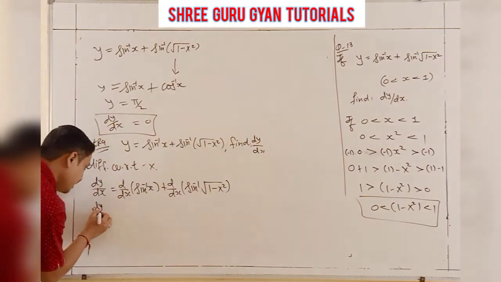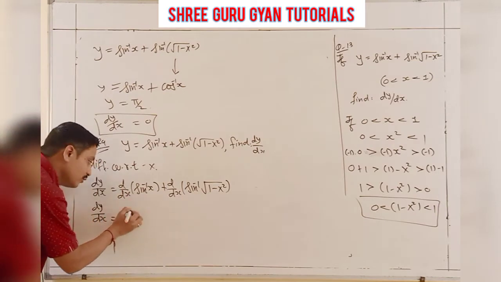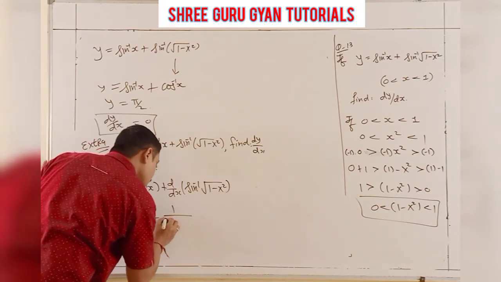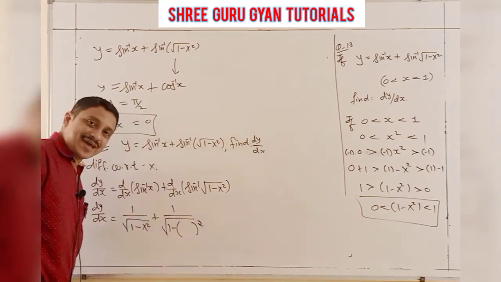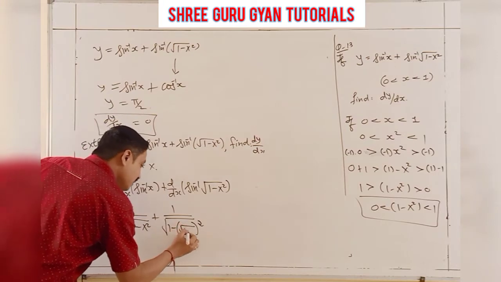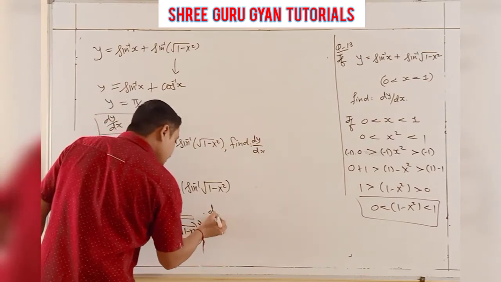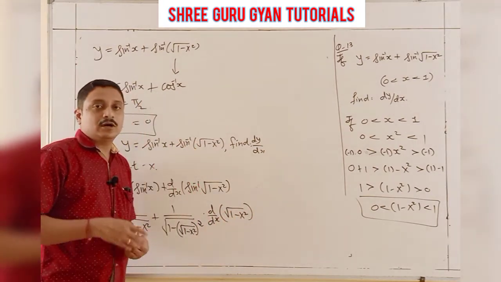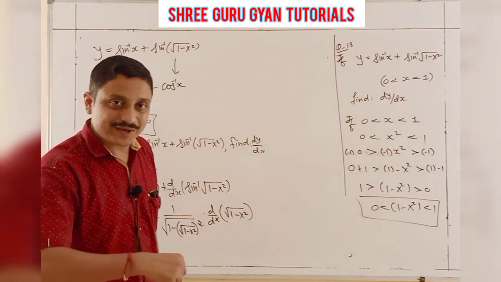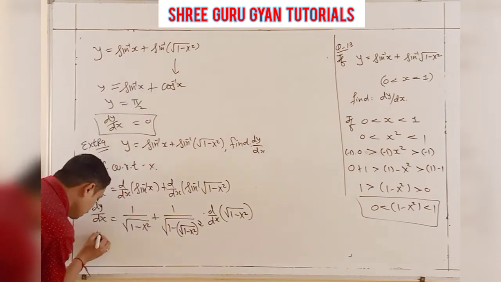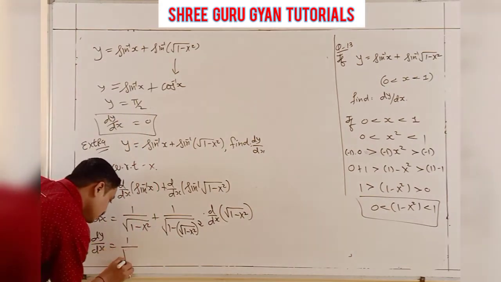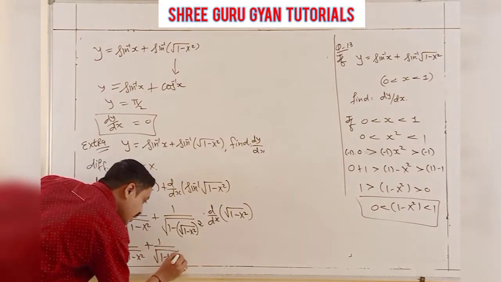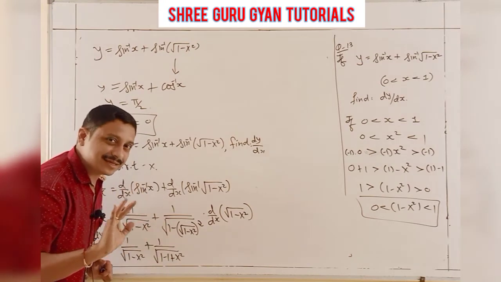So dy/dx, this derivative is known very well, 1 by under root 1 - x square. For the second term, the derivative of sin inverse is pending, with under root 1 - x square inside. So you get 1 by under root 1 - x square here, again 1 minus, 1 plus x square. Root and square cancel.